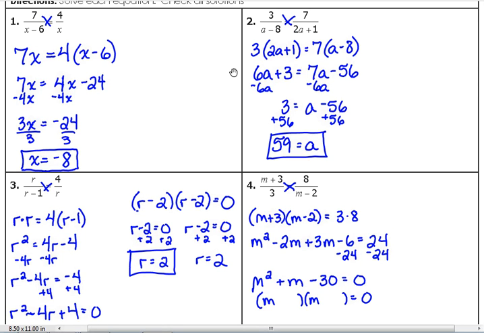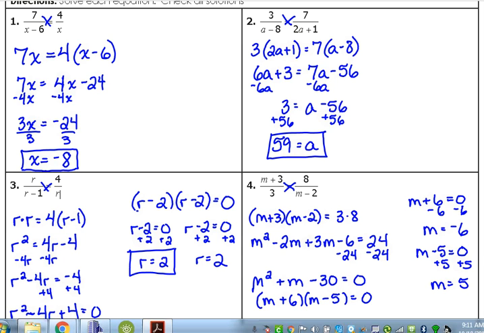What multiplies to give us negative 30 and adds to give us 1? Positive 6, negative 5. Positive 6 times negative 5 equals negative 30. Positive 6 plus negative 5 gives us positive 1. So we've got m plus 6 equals 0. That says negative 6 is one of our solutions. We've got m minus 5 is equal to 0. So that says positive 5 is our other solution.